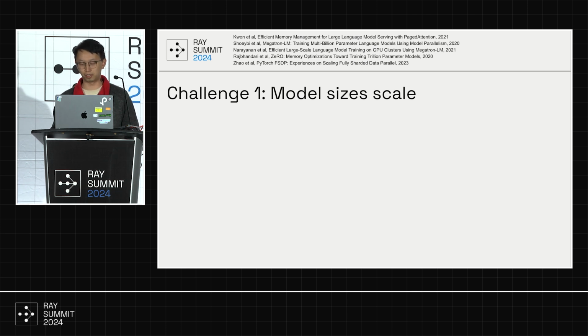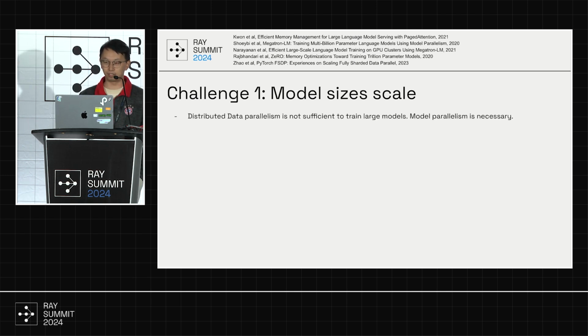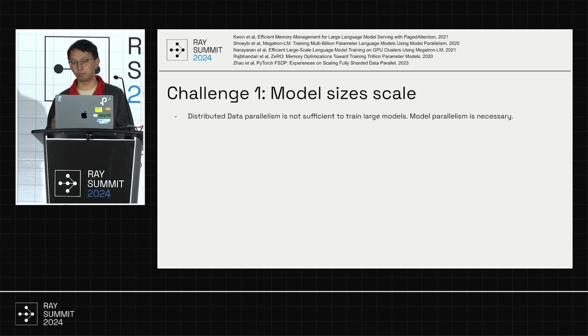It's huge. It cannot even fit onto a GPU. This means that the already implemented distributed data parallel paradigm is not sufficient to train large models. So we have to use some model parallel paradigm that chunks the model parameters across different GPUs.